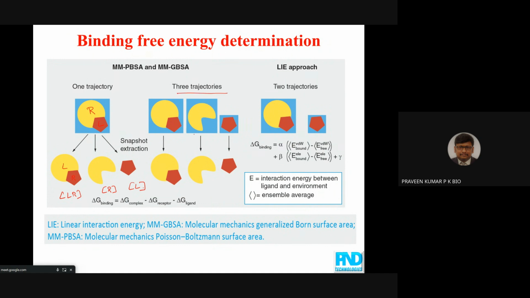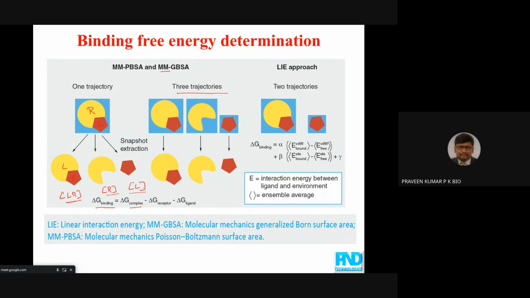Using these three trajectories, delta G of binding is calculated as delta G of complex minus delta G of receptor minus delta G of ligand. Then it is what we calculate as the change in Gibbs free energy of binding. So here we are using all three trajectories in consideration.